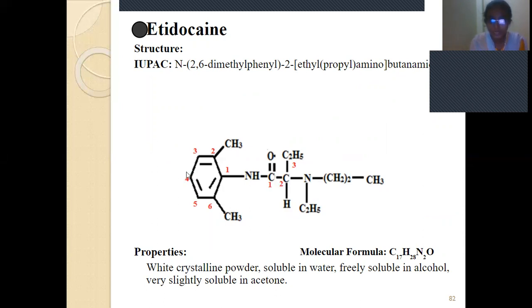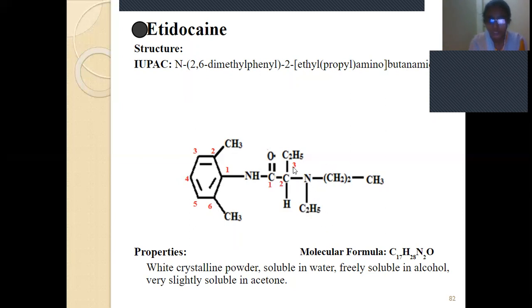So this is the phenyl. In the second and sixth positions, two methyl groups are there, and three carbon atoms here, propane, and on the amide group an ethyl group is attached.